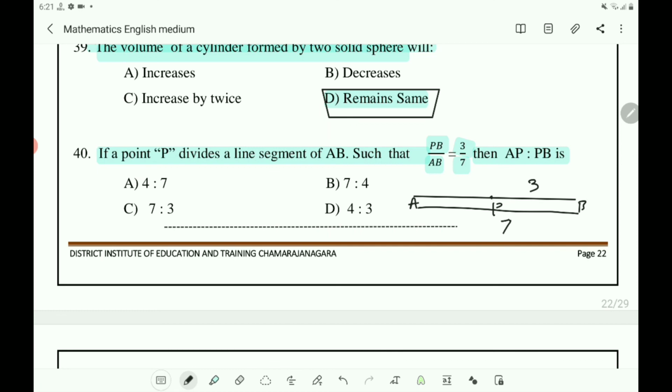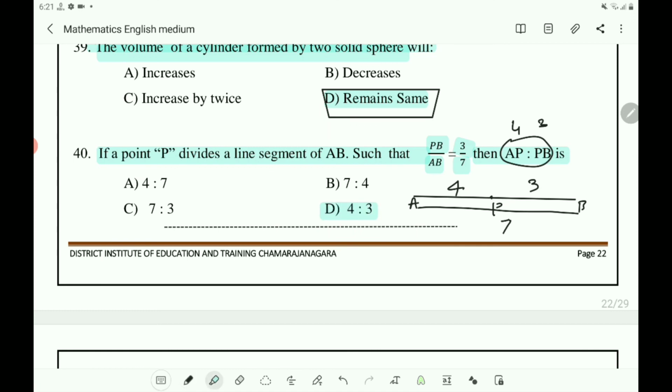So here you know that 3 plus 4 is 7, so it must be 4 only. AP is to PB. So here what is asked? AP is to PB. So 4 part for AP and 3 part for PB. So 4 is to 3.